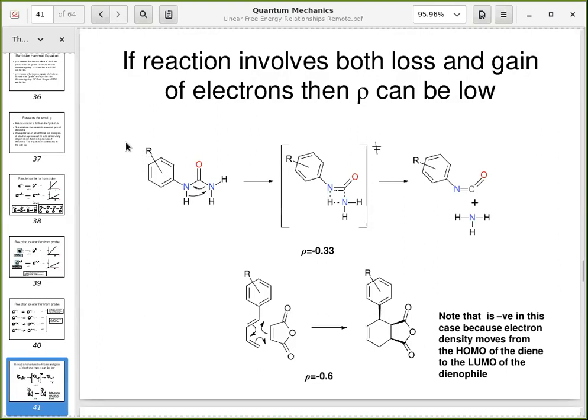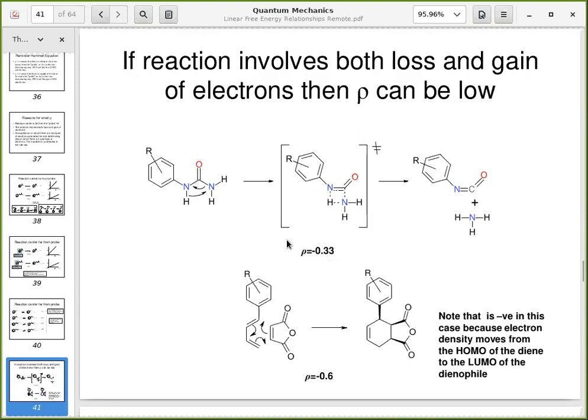Well, electron donating groups might aid this transfer over here, but it may inhibit this one here. And with electron withdrawing groups, the opposite could happen. It could disable the one arrow and enable the other. And that's why we are ending up with a low reaction constant.